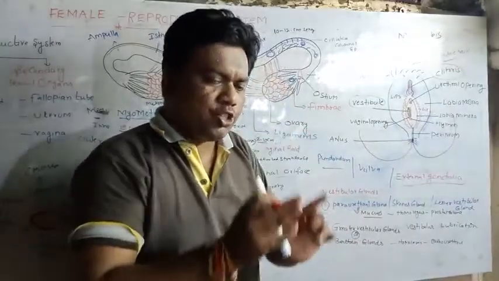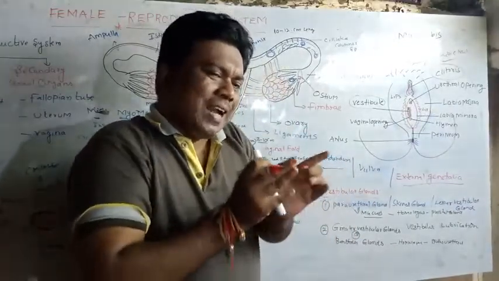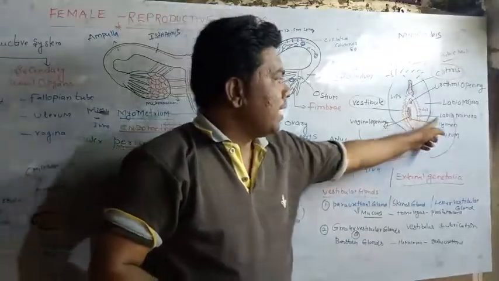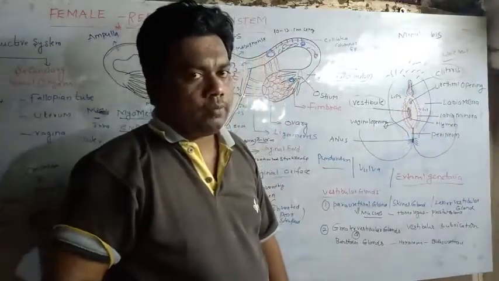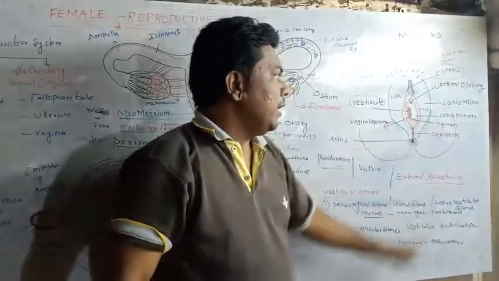That vestibule, that depression, is guarded on its lateral side by lips. The inner lip is called the labia minora and the outer lip is called the labia majora. These are folds of skin, the labia majora and labia minora.